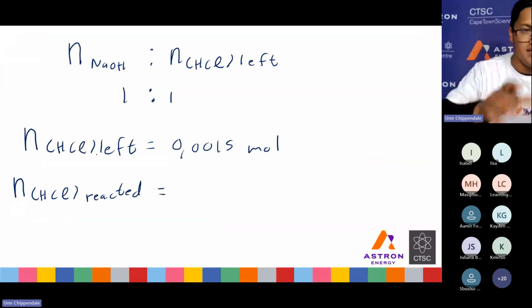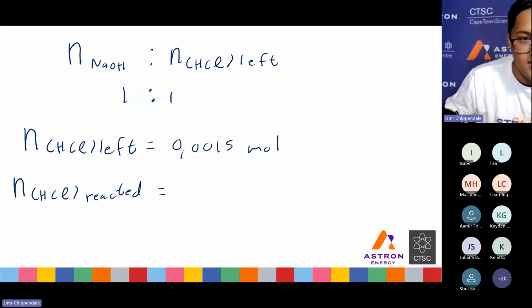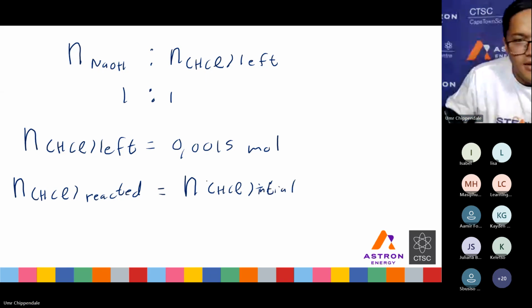So what actually reacted is the number of moles of your HCl, which we write as the initial that we had minus the number of moles of your HCl that was left over.